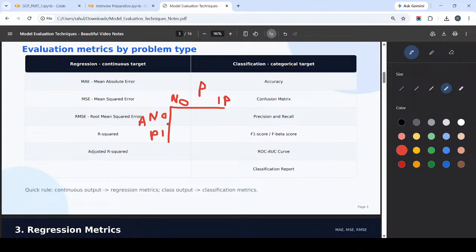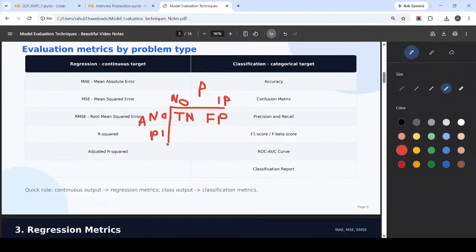So for example, if a value is negative and we predict it as negative, this will become a true negative. Then if the actual value is negative but we predicted positive, it will become a false positive.